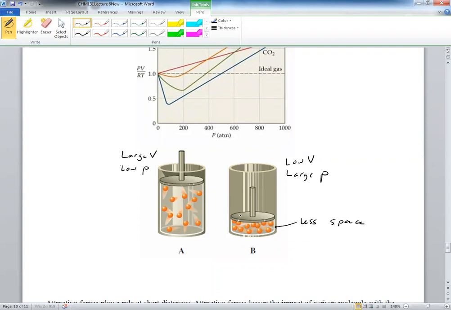So therefore, now these molecules, if you look at them, they actually occupy a bigger fraction of the volume and the volume is no longer negligible, okay? So we say the volume of molecules cannot be ignored at high pressure.